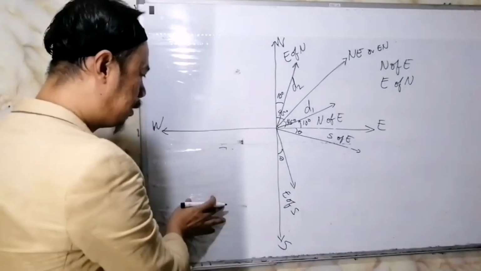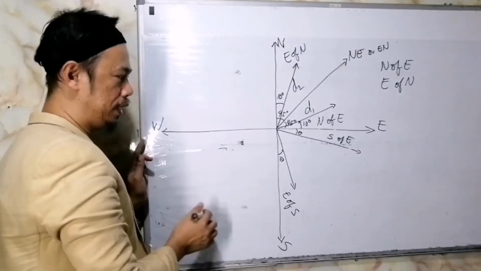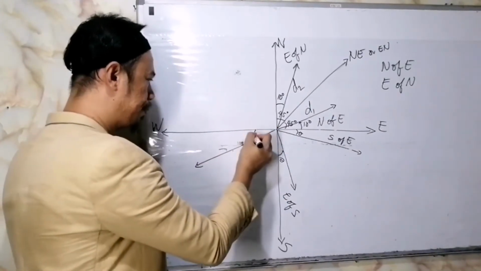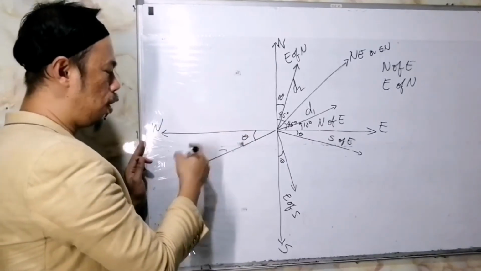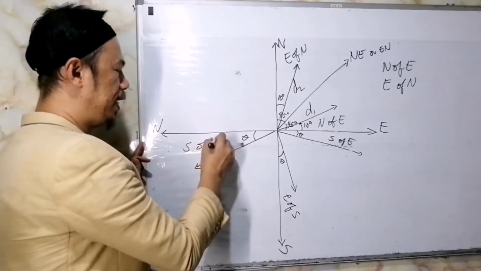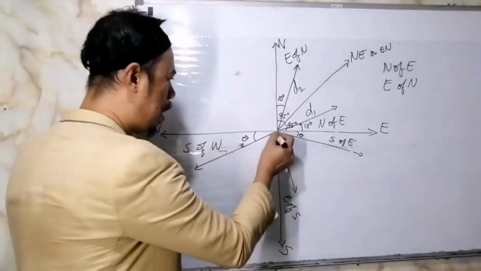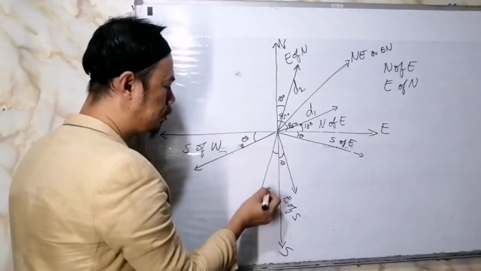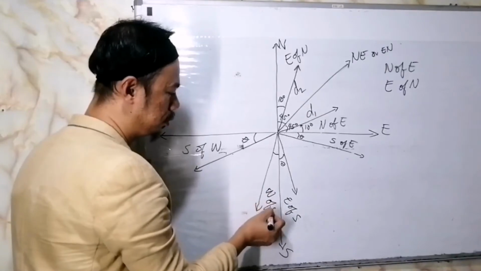Okay? Let's have another quadrant. So south and west. If the vector is located here, we call this vector south of west, because we are now on west. So now here we have west of south.